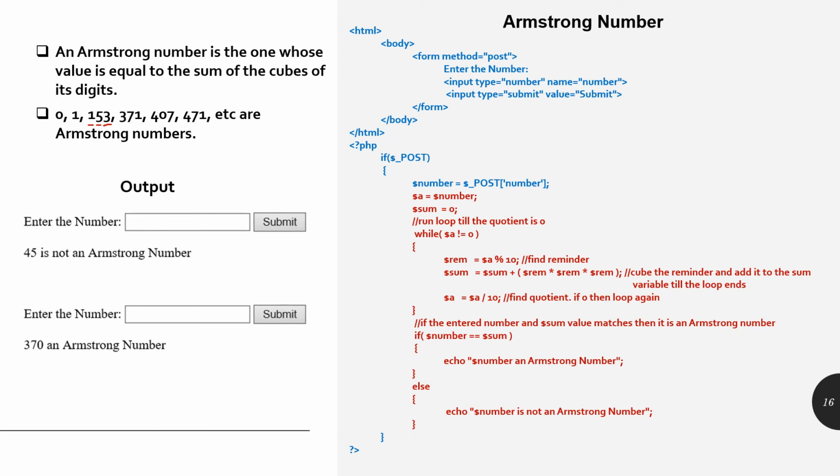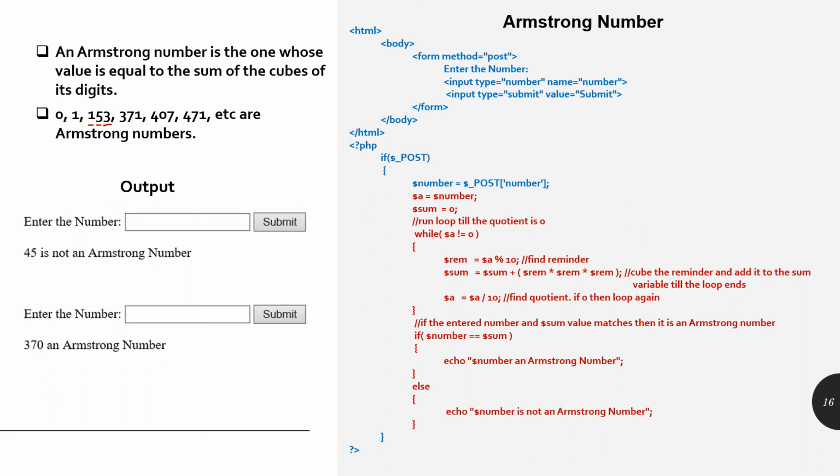Divide by 10, and the number changes to 15. Again you take the mod value, so you will get 5. Then you divide it by 10, and it changes to 1. Again you take the mod value, and you will get 1. So that way you can separate the digits.